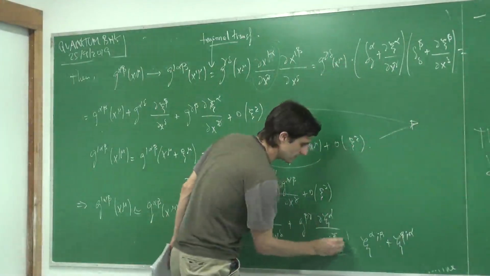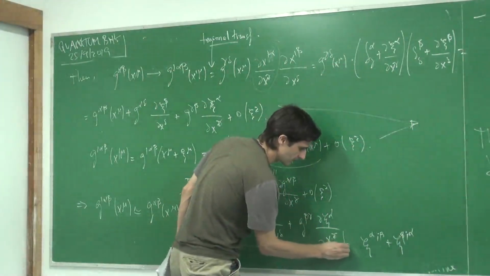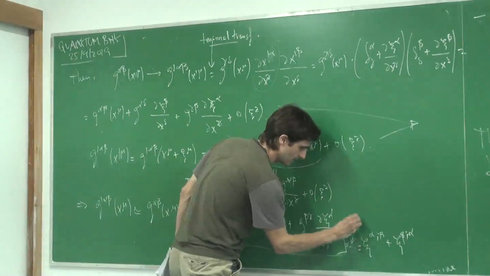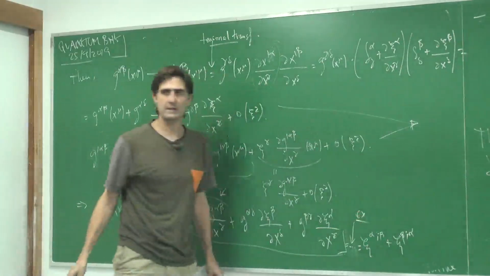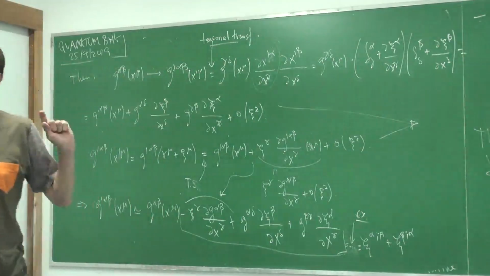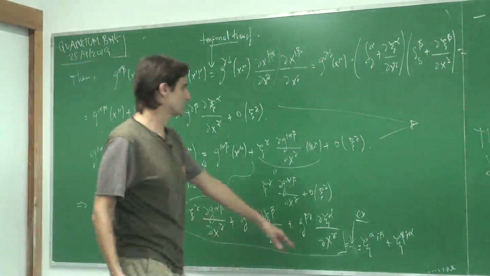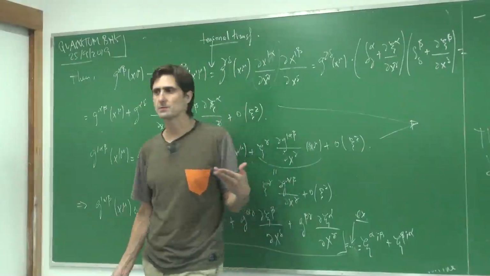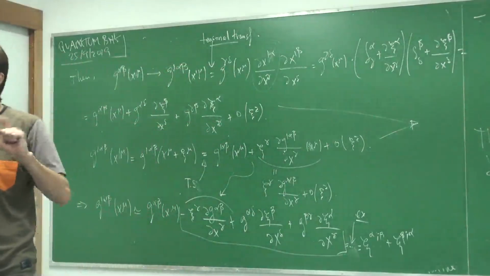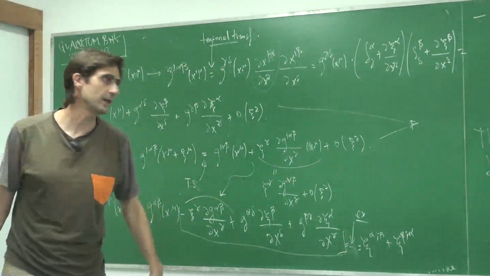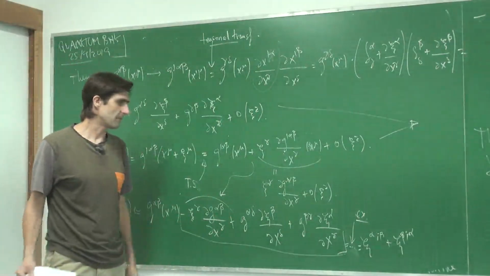So you can try this out as an exercise. The covariant derivatives will include Christoffel symbols, and they cancel out between the two terms in such a way that you just get these partial derivatives.